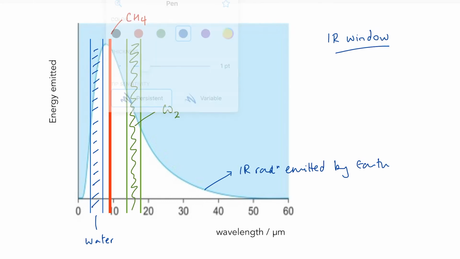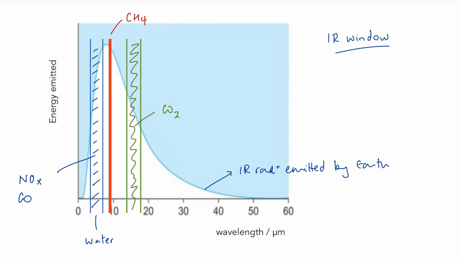In contrast, if we think about maybe gases like the nitrogen oxides that I talked about, carbon monoxide, other products of combustion engines, they absorb in the same region of the infrared spectrum as water does. So although we would have a greater abundance of gases in this window, they're not absorbing different frequencies.